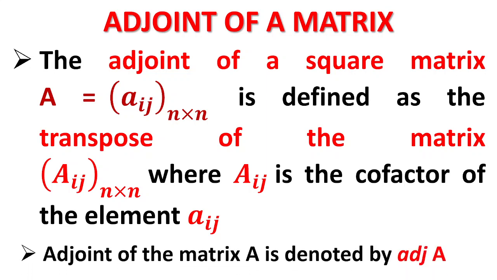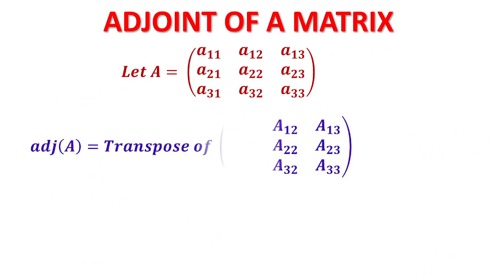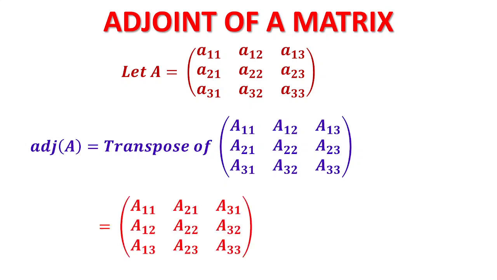Adjoint is denoted by adj A. Adjoint is the transpose of the cofactor matrix. For example, adjoint A will be the transpose of the cofactor matrix, which will be A11, A21, A31.